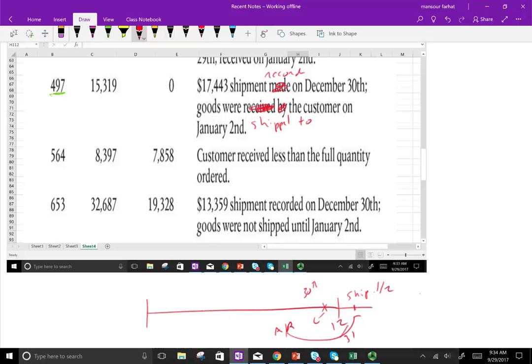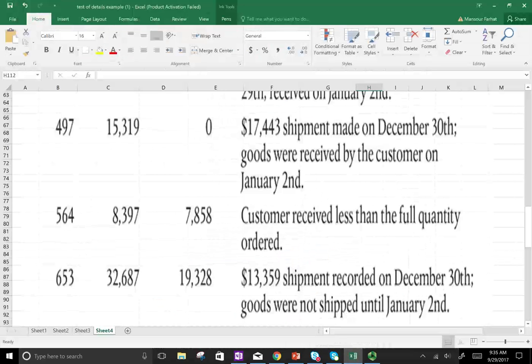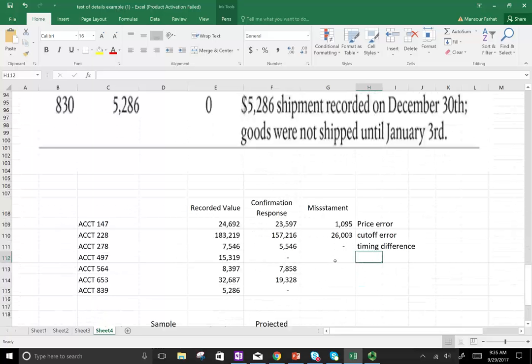Therefore, we have another cutoff error here, and the 17,443 shipment recorded should be 15,319. So there's also a problem in the quantity, but the error is for 15,319. Here we have two errors: a cutoff error, and also a quantity error.